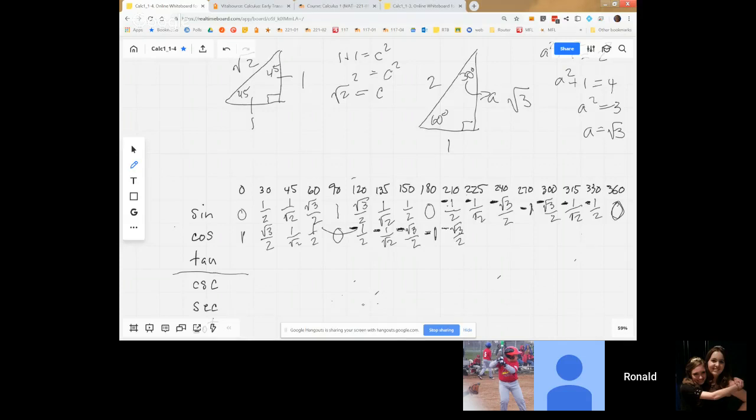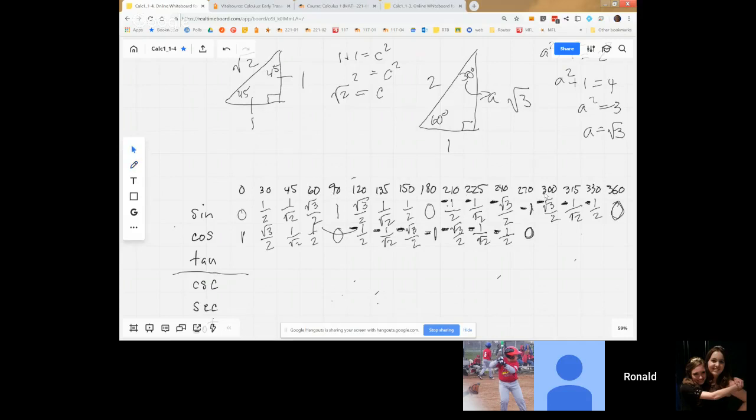Because it's left, negative. 45-degree angle, 1 over the square root of 2, negative. 240, that's a 60-degree angle in the third quadrant. Cosine of 60 is 1/2, and that's negative. And then finally, 270, the horizontal coordinate has increased to 0.